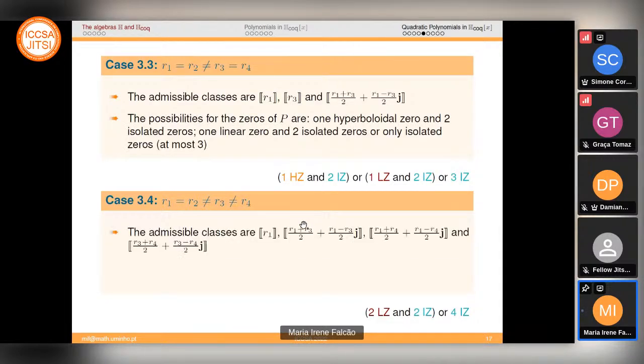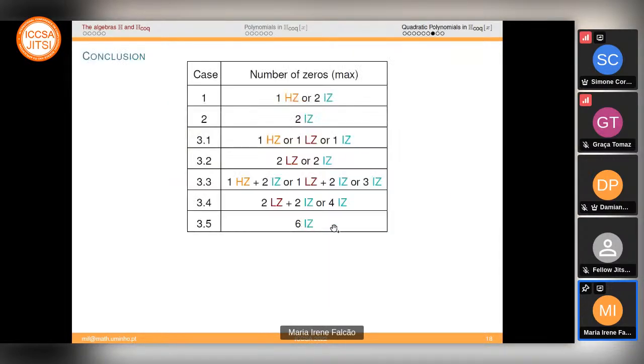I'm just going to show you the table with the summary. You can see here the situation. The maximum number of zeros, which is 6, can be obtained just when you have isolated zeros. You can have 2 linear zeros and 2 isolated zeros, not more than this, not 2 linear zeros and 4 isolated zeros.